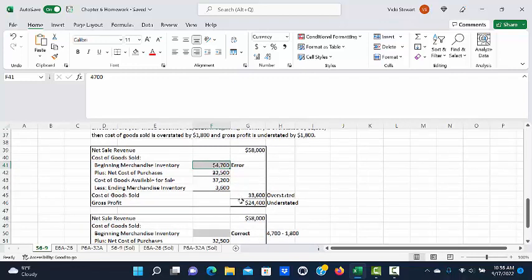So these are the calculations with $4,700, the amount in error.